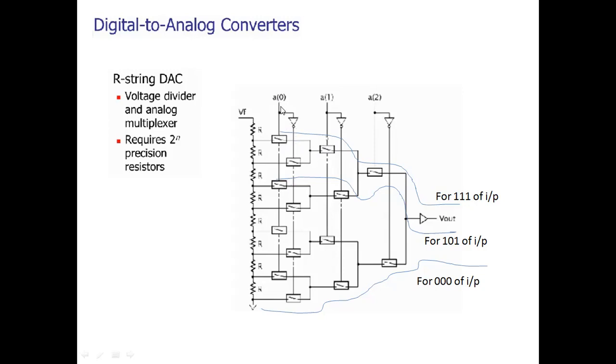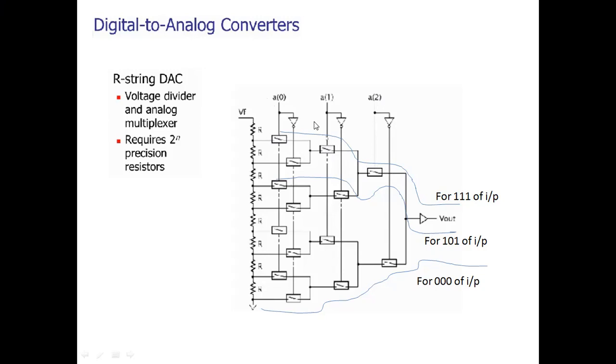Hence, if A0, A1, and A2 are high, the upper switches connected to this line, this line, this line, and this line will be activated, and I can have the flow of current via these switches, so as to have the analog output corresponding to the digital input 111.